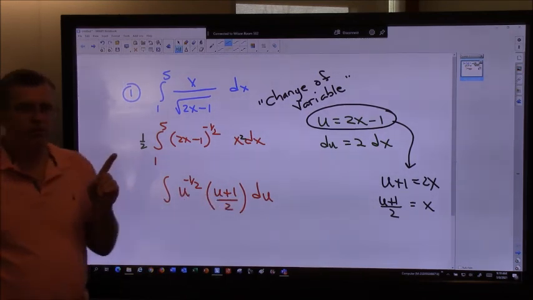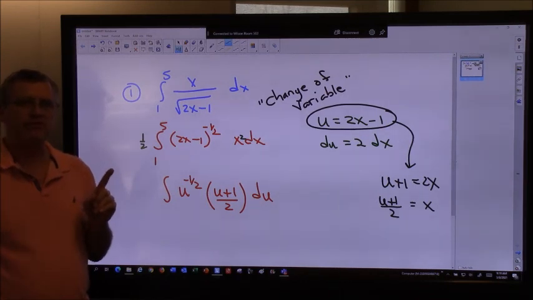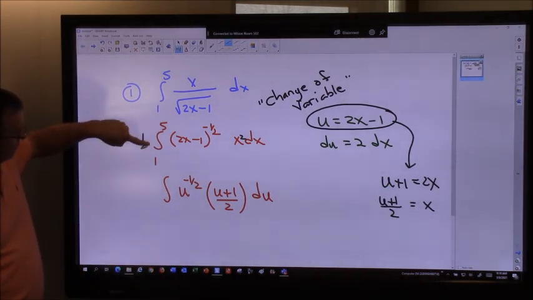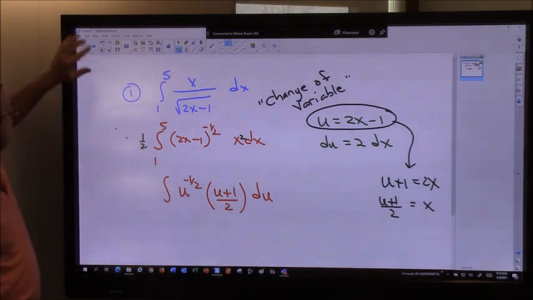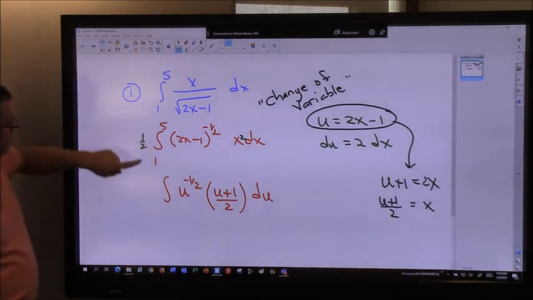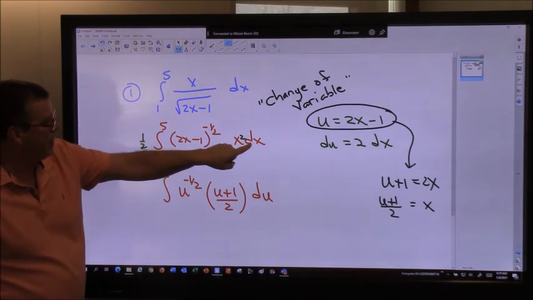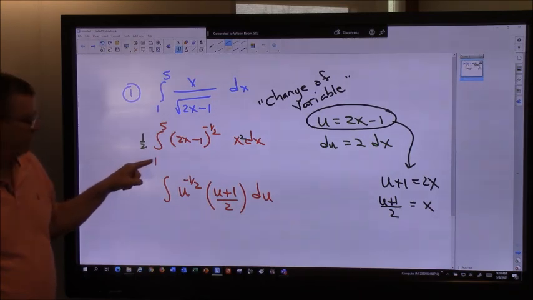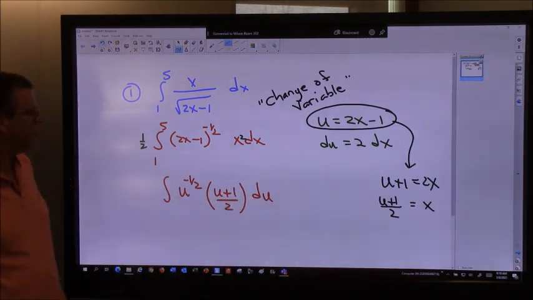Now, I'm going to do one more step here. These boundaries on my integral, my a and b values, are in terms of x, but I'm going to change those to u values, since I'm doing everything in terms of u.